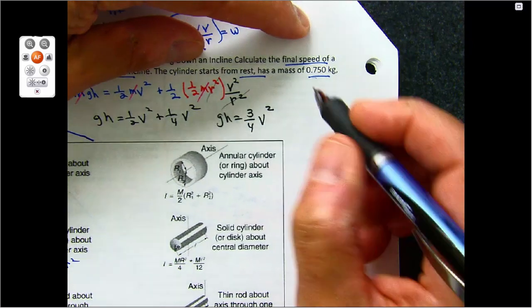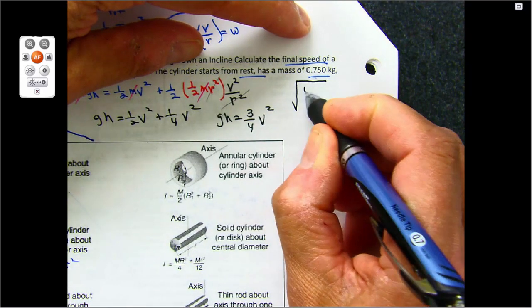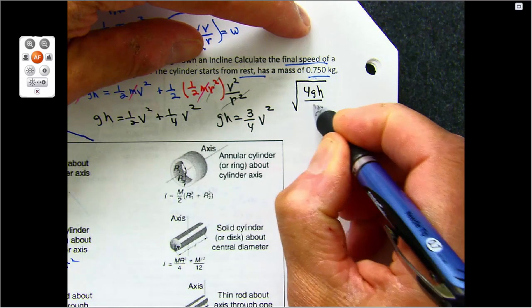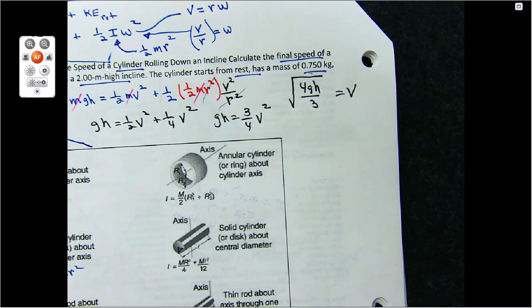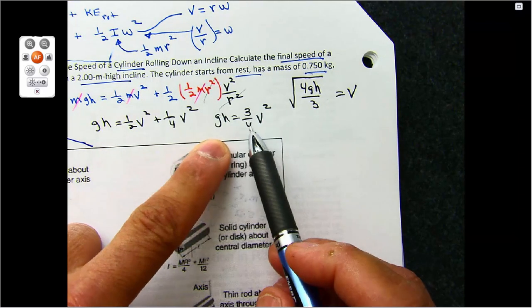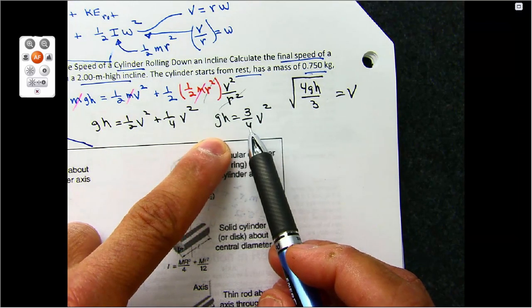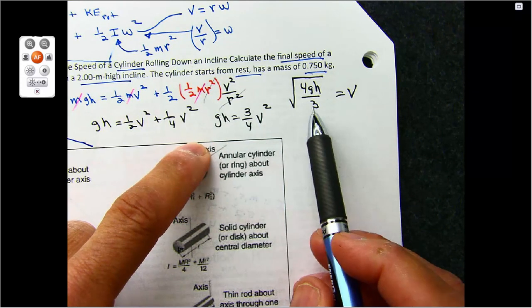And if we solve this for V, we'd end up with 4GH over 3 square root, wouldn't we? No, I don't think, well, we have to add the 1/4 and a half. This is 2/4 and 1/4 is 3/4. So multiply both sides by the reciprocal, 4/3. I think we're going to end up with 4GH divided by 3, right?